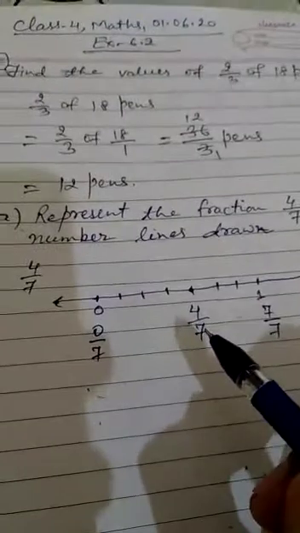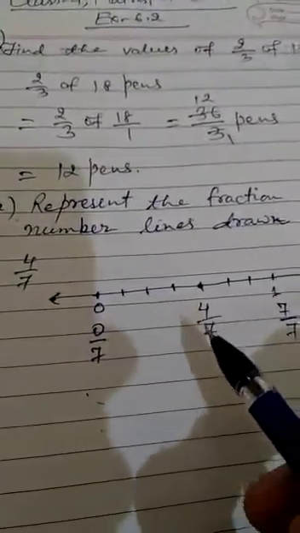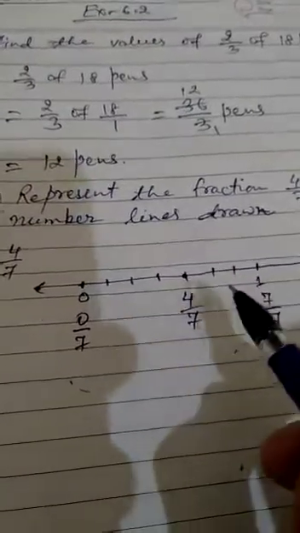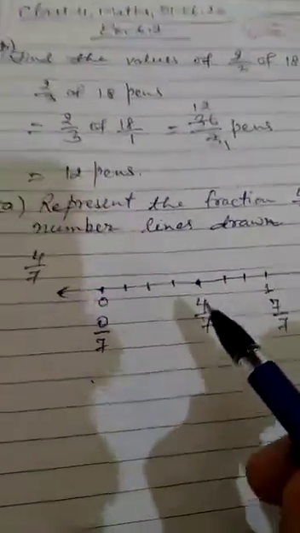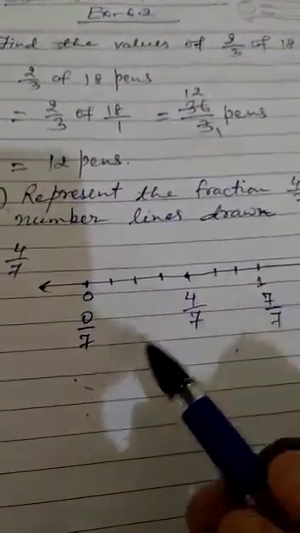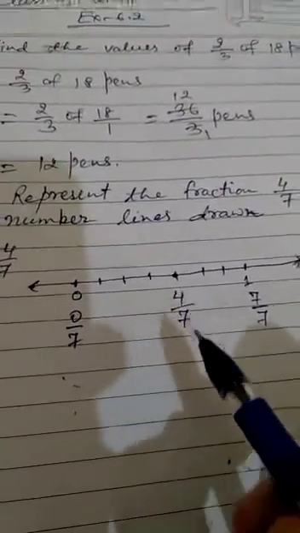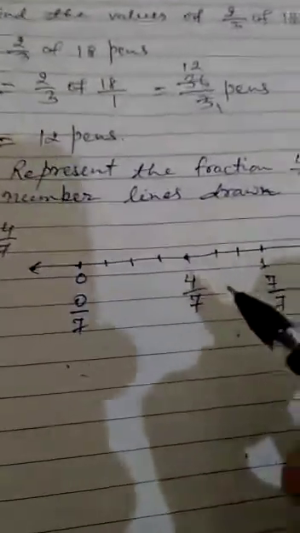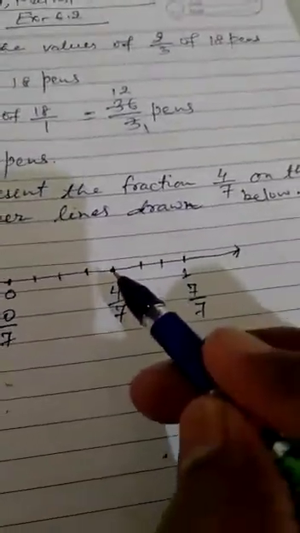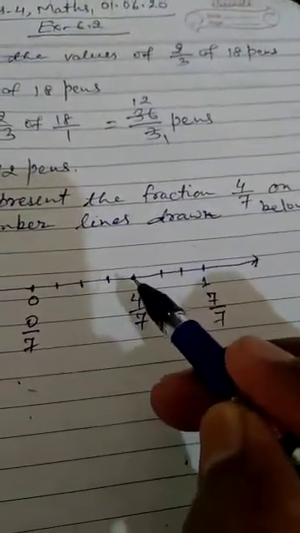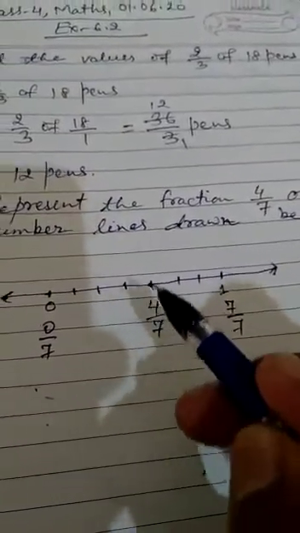Now you see that 0 and 1 is divided into 7 equal parts, and 4/7 is from 0 the fourth place. So this is the exact place on the number line where 4/7 will exist.